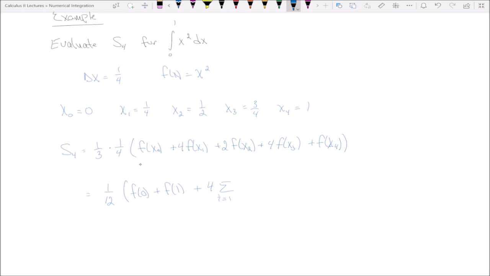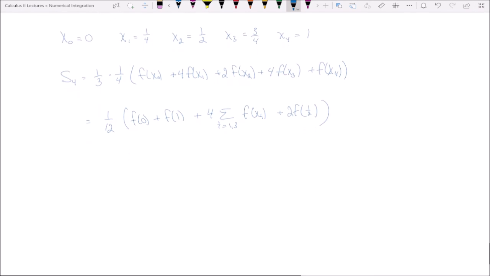I equals 1, 3. I'll write it that way. F of x sub i, plus 2 times f of x2, which was a half. I'm trying to think of the easiest way to put this in a calculator. I equals 2.